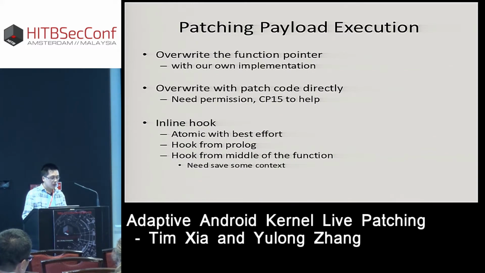Another important thing we have done is the inline hook, because when you are hooking a function, you can hook from the prologue or from the middle of the function, which needs you to save some context, like register values, in the trampoline.